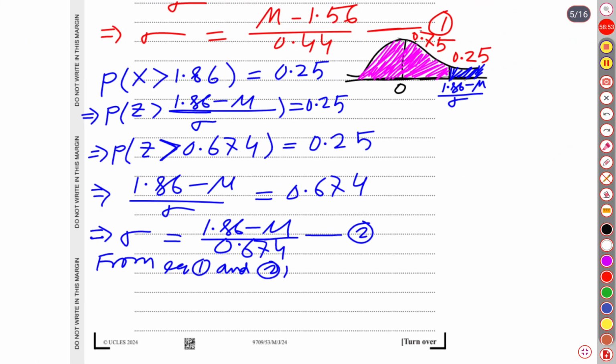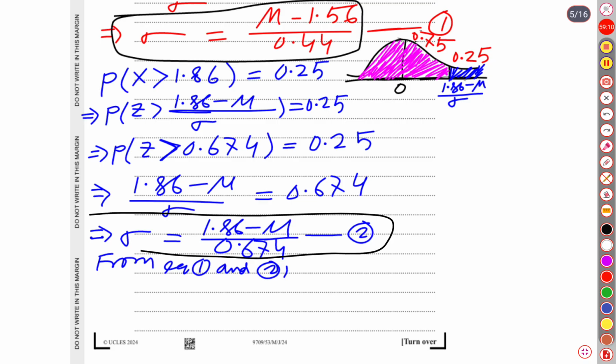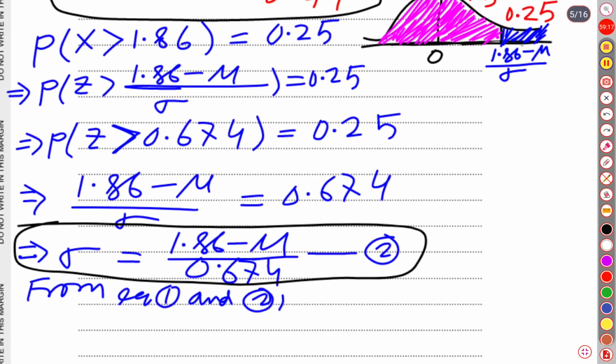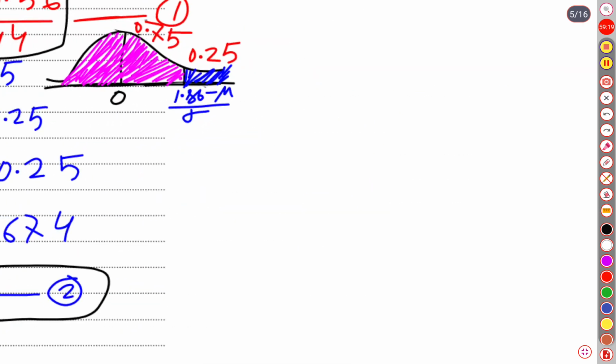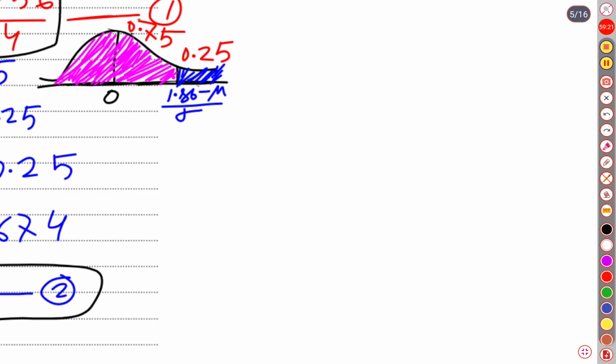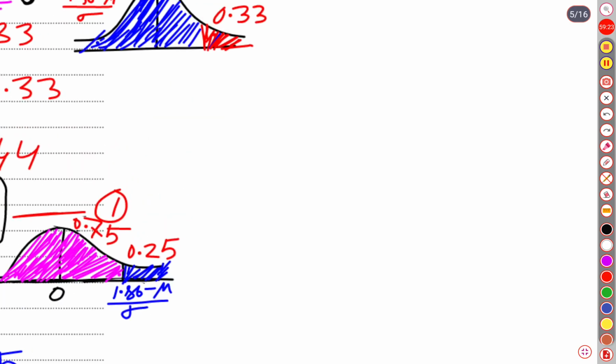In equation 1, the left side is sigma. In the second equation also, the left side is our sigma. So definitely the right sides are equal. I should continue writing over here.